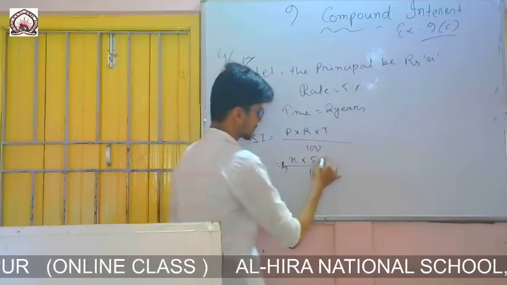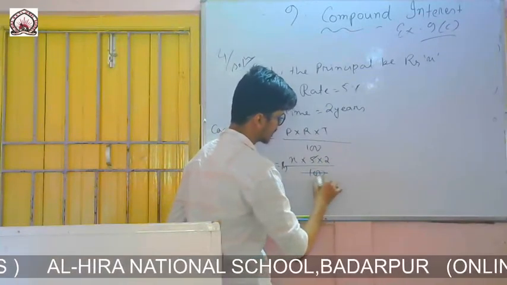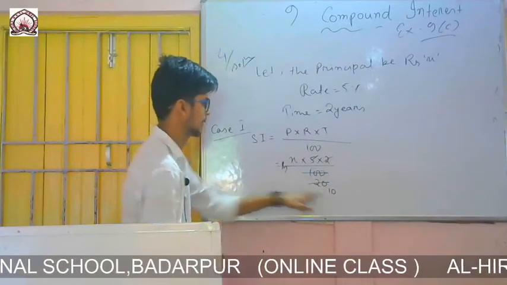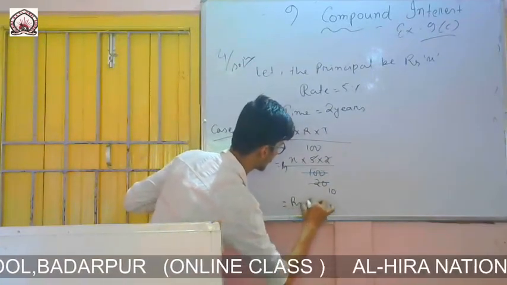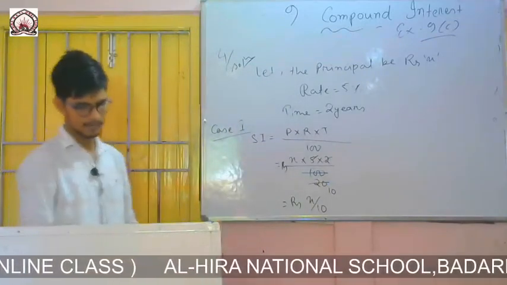Simply cancel it. 5 2s are 10, 20 and 2 10s are. That means there is x left and 10. So SI is rupees x by 10.